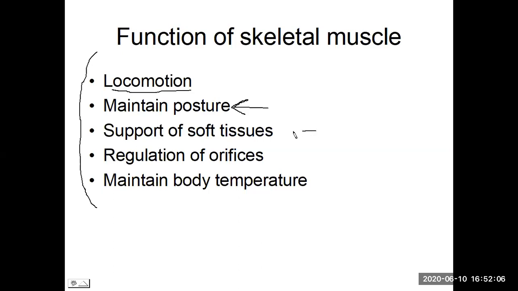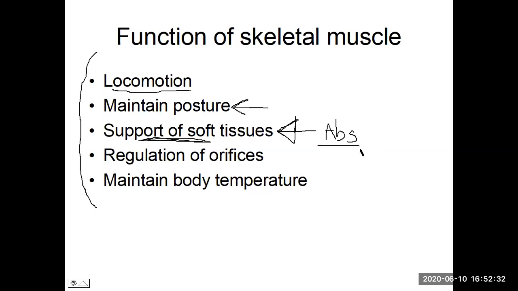Areas that lack bones are a great example of where skeletal muscle helps to protect and support structures. And a great example would be the abdomen. So where we have all the various abdominal muscles between the rib cage and the pelvis area that's lacking bones, that's supported by layers of skeletal muscles.